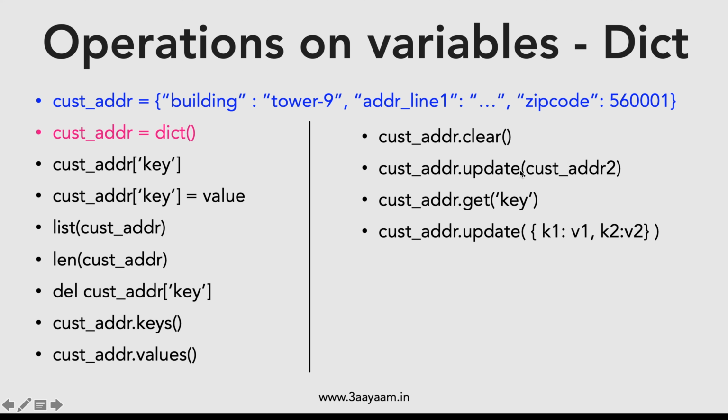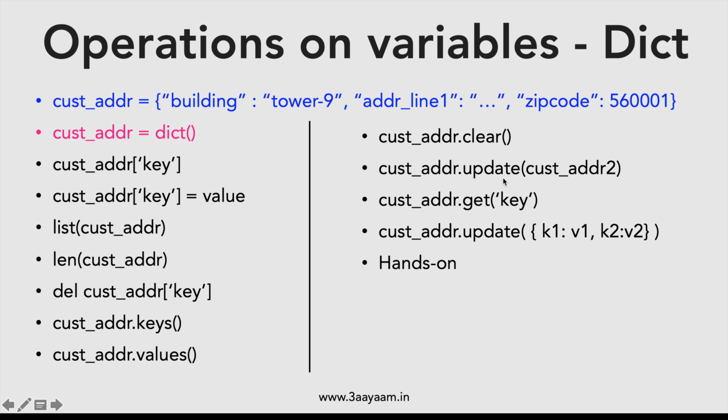This customer address would be updated with the new dictionary. Now there's one more way to get the value of individual items or individual keys. Instead of using square bracket, we can use the get function also, passing the key. And of course, we can use the update to update the entire dictionary as well.